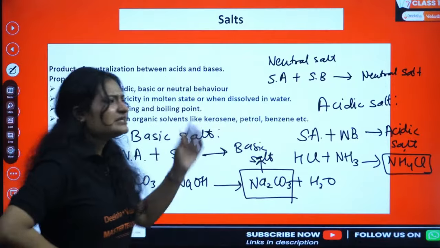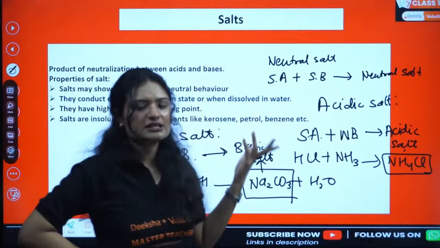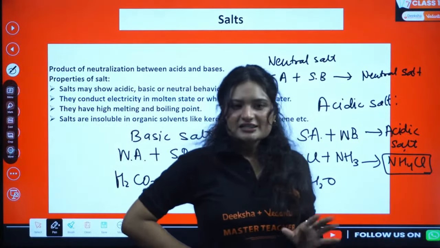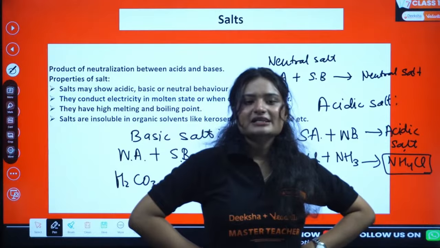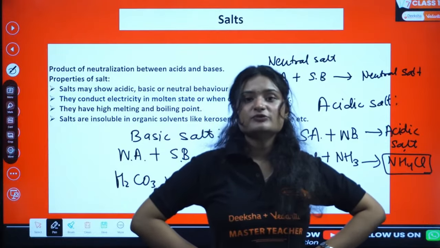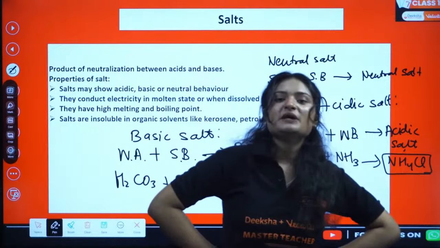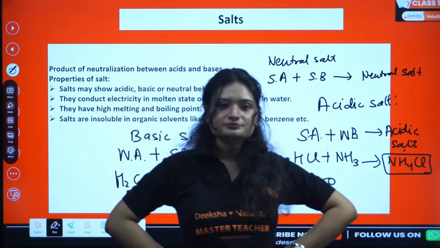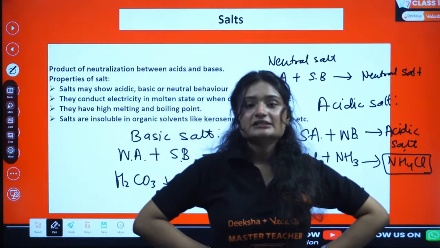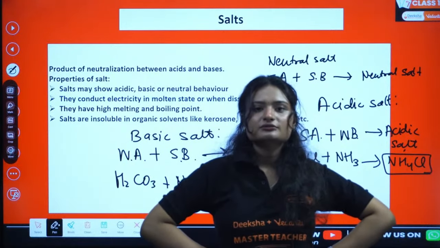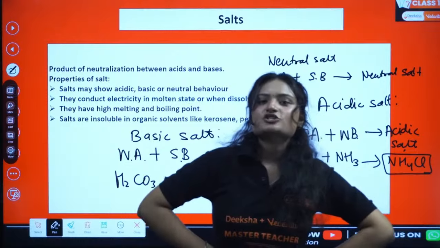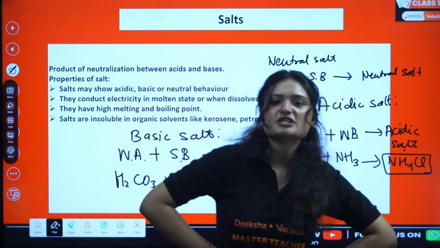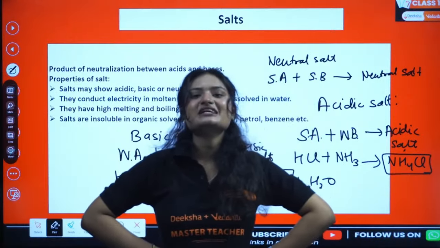Okay. Now what are the properties of salt? They may be acidic, neutral, or basic, right? They conduct electricity, right? To conduct electricity, two conditions need to be fulfilled. Either they should be in molten state, or they should be in aqueous solution, because only in those cases they have free ions.